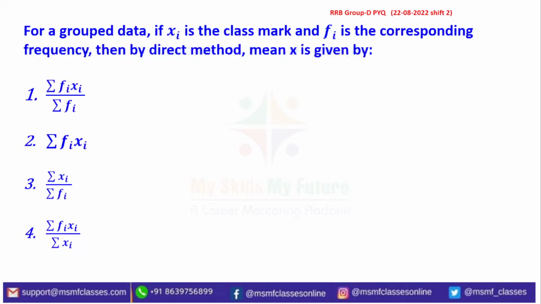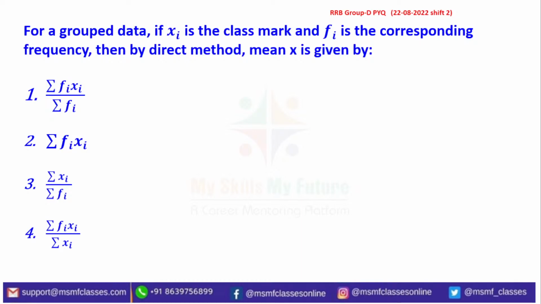Next question. For grouped data, if xi is the class mark and fi is the corresponding frequency, then by the direct method the mean x bar is given by. There are methods like the direct method and the indirect method.